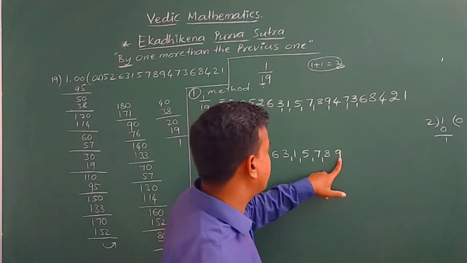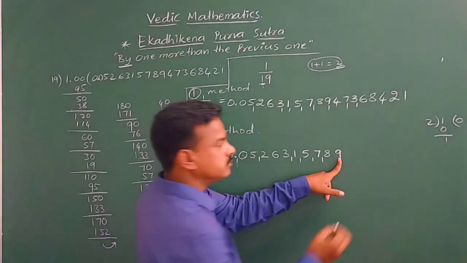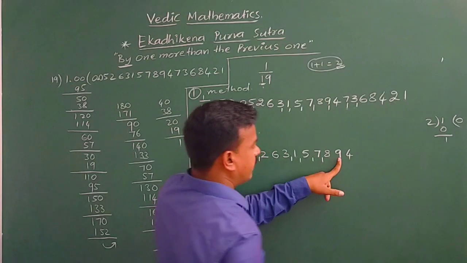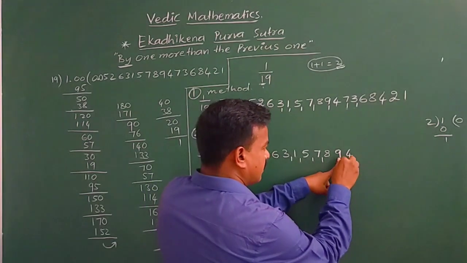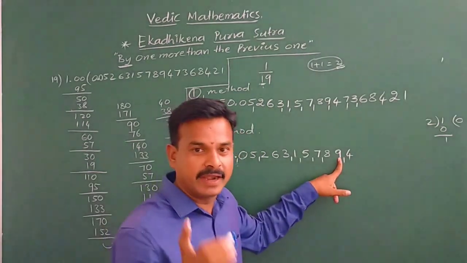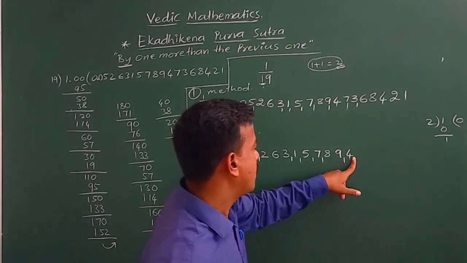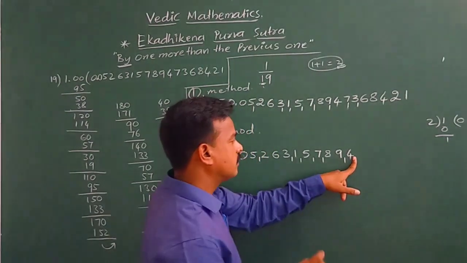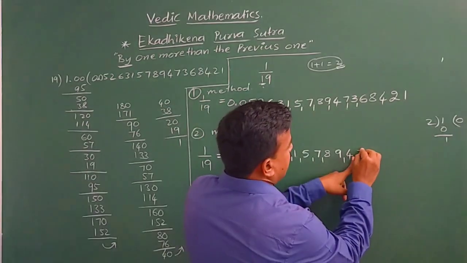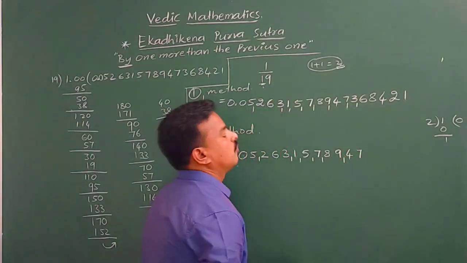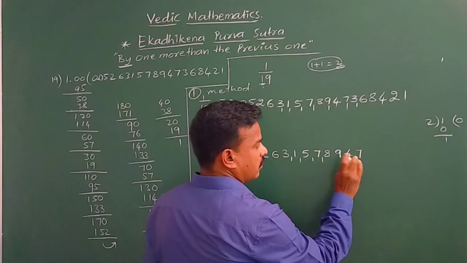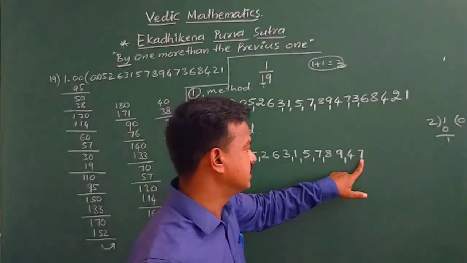Again you divide 9 by 2. 2 4s are 8 and remainder is 1. 1 you write as the prefix for 4. Now the number is 14. So 2 7s are 14. There is no remainder. Need not write any prefix for this.